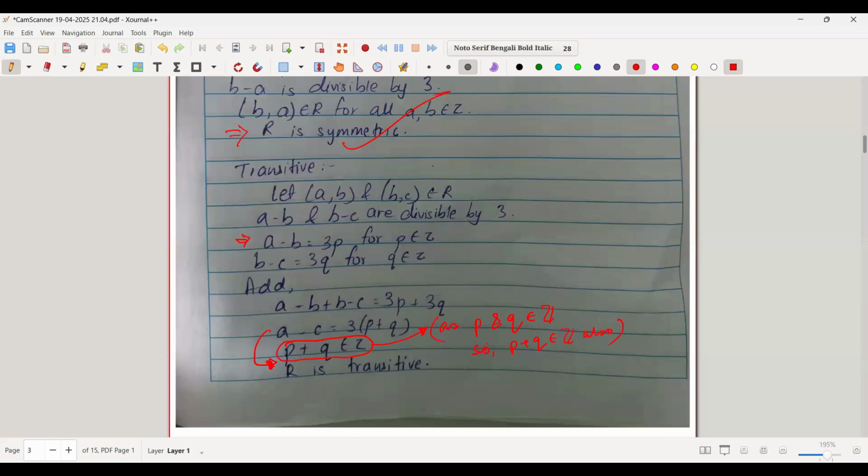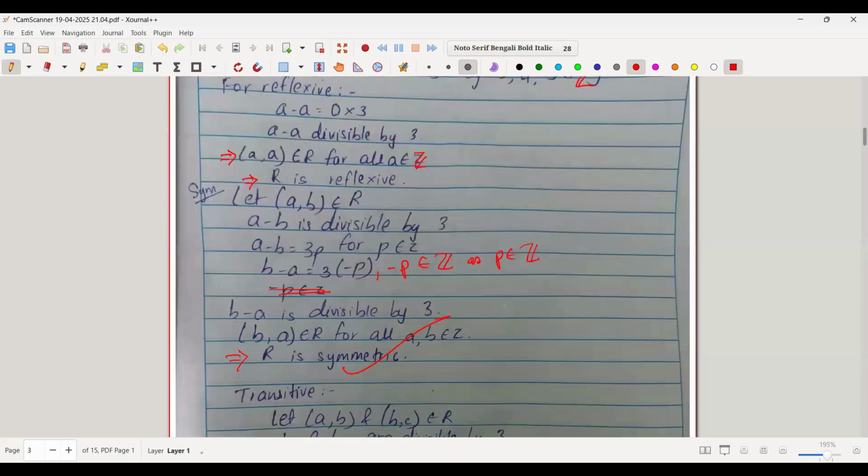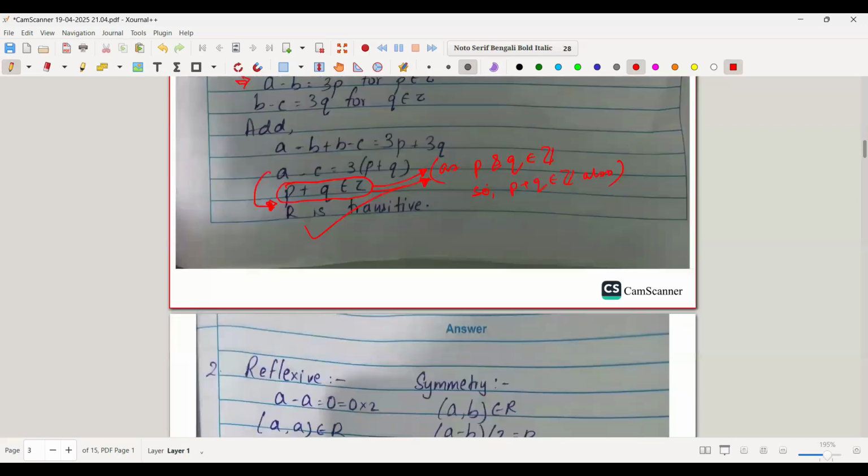Write this thing on the right hand side. So R is transitive. Therefore R is transitive. First write reflexive, symmetric, and transitive.